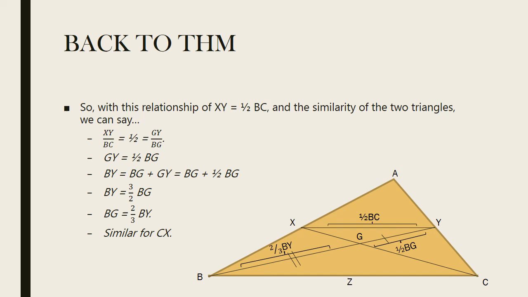So we've discussed where the point G lies on a median, but how do we show that all of the medians intersect concurrently at this point G? How do we prove that?